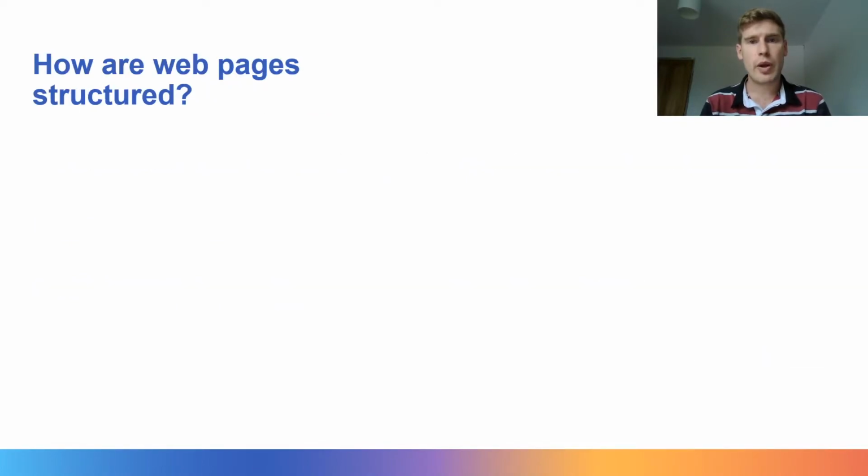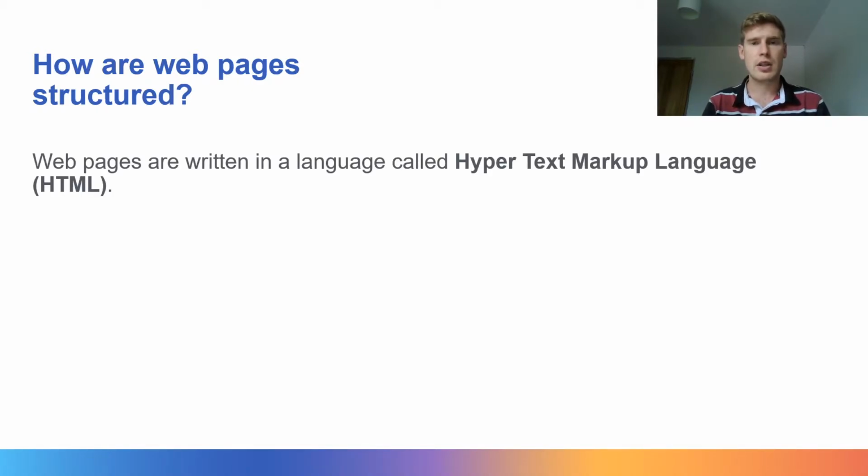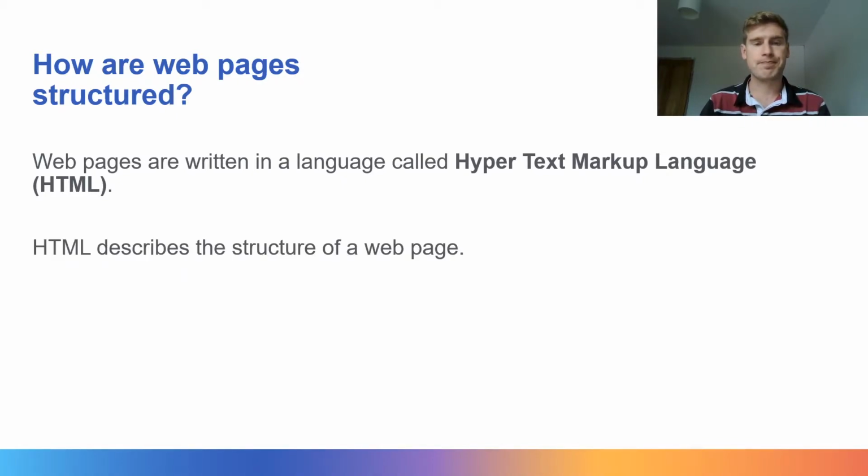So how then are web pages structured? They're files that follow a given logic and a given structure. So web pages are written in something called a hypertext markup language, or HTML for short. You can think of HTML as a very simple programming language that gives some structure to a web page.